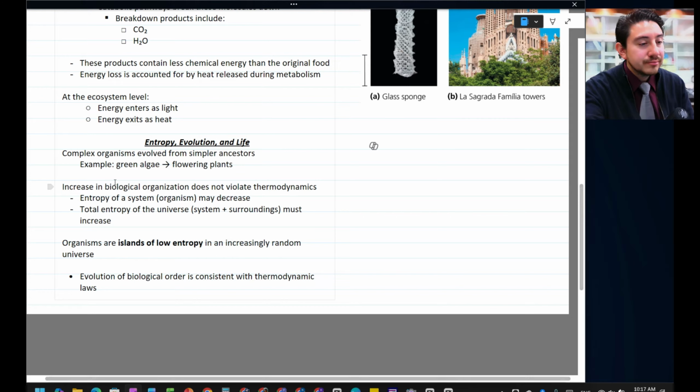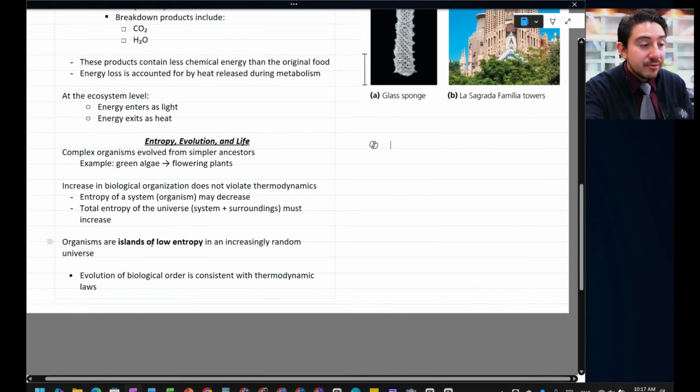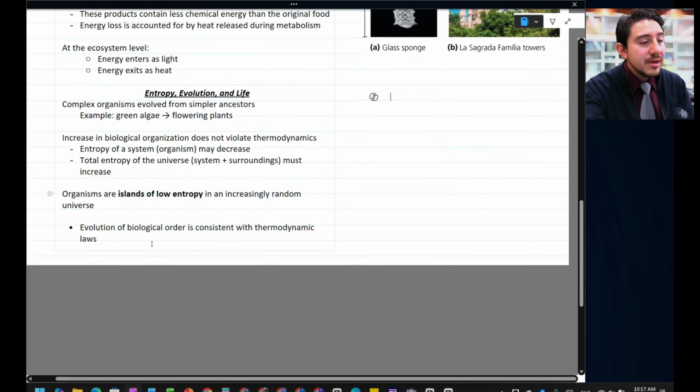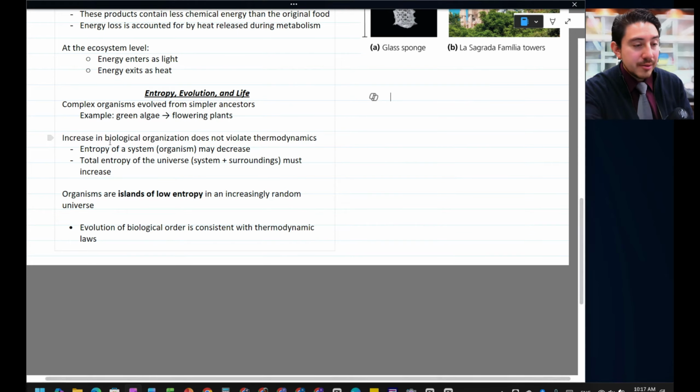Petal arrangement, things like that. Leaf arrangement. So an increase in biological organization doesn't violate thermodynamics. You are always bound by these laws.